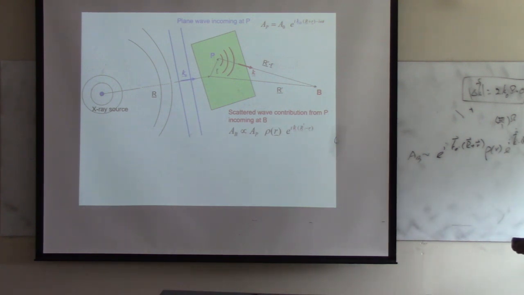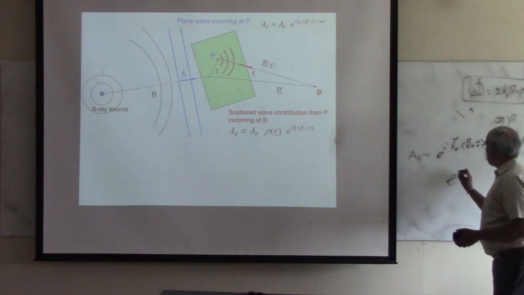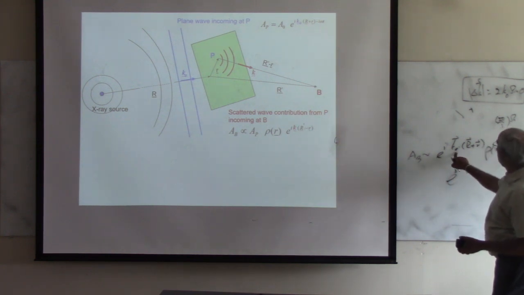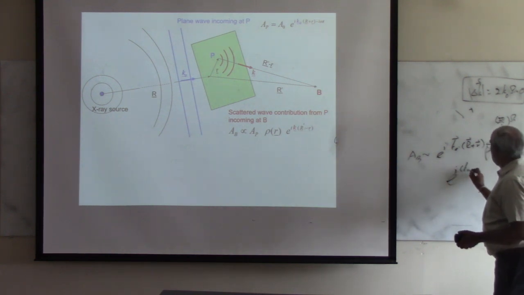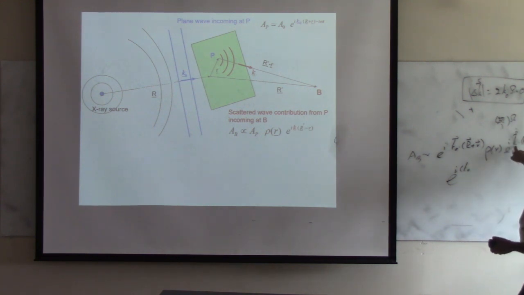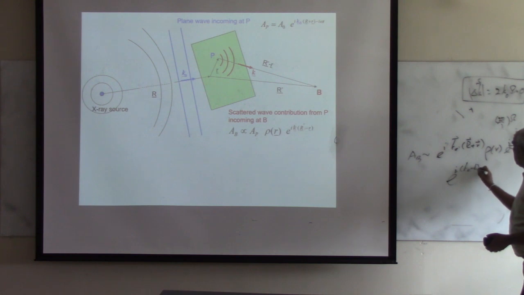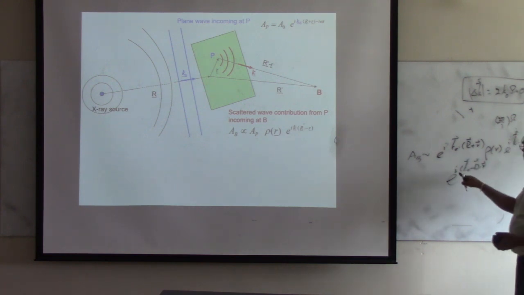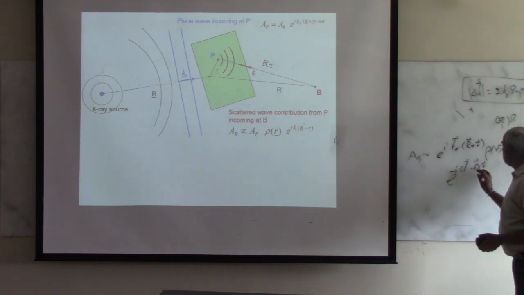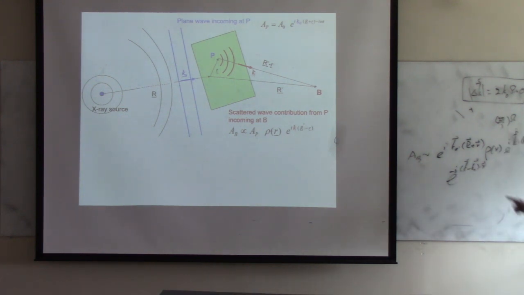Now if you take everything in R, I can write e^(i K0 dot R) and minus K dot R, or I can write minus i (K minus K0), doesn't matter. If I put minus here, then I have rho(R).